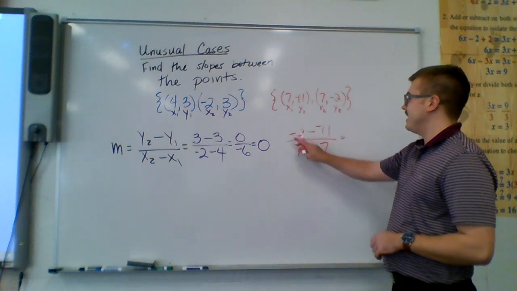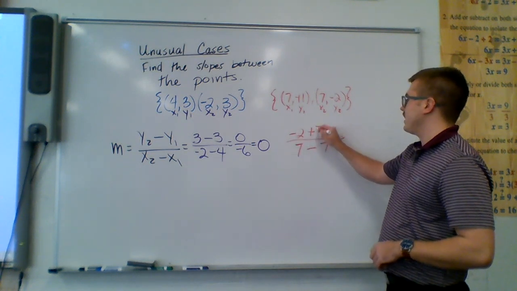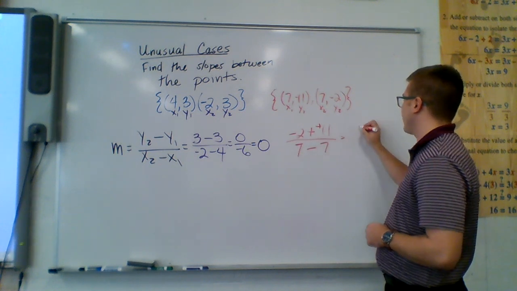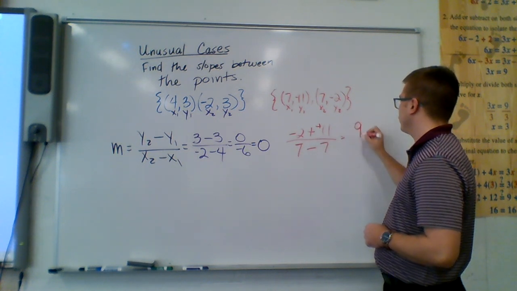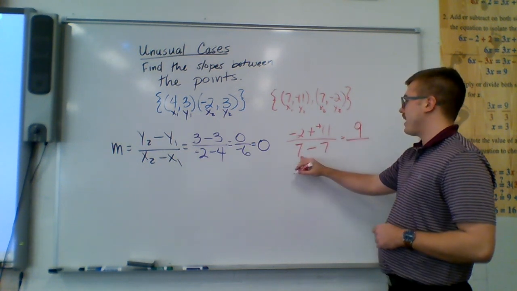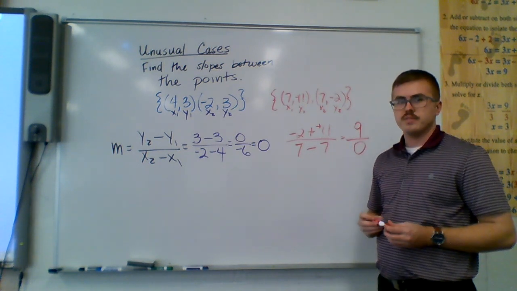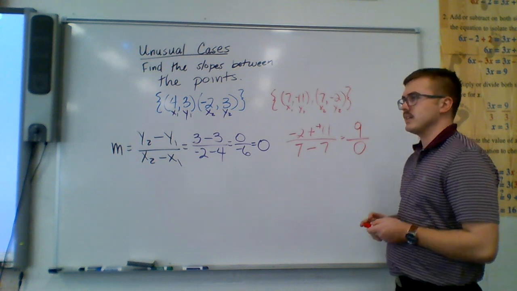On the top, -2 minus a negative turns into plus positive. -2 plus 11, that gives me 9. On the bottom, 7 minus 7, that gives me 0. So on the bottom, I'm left with 0.